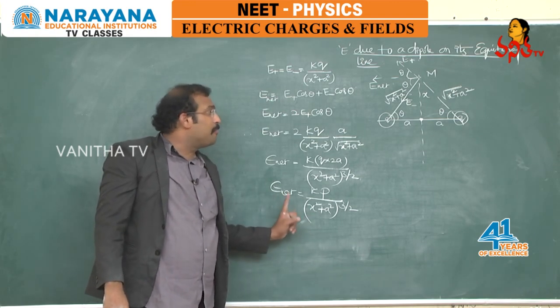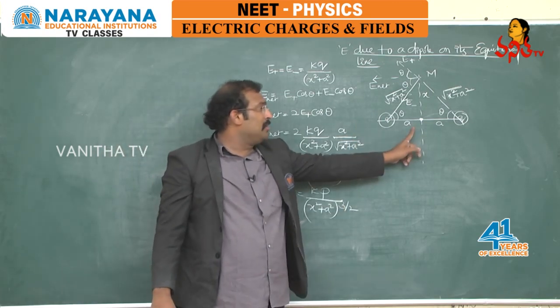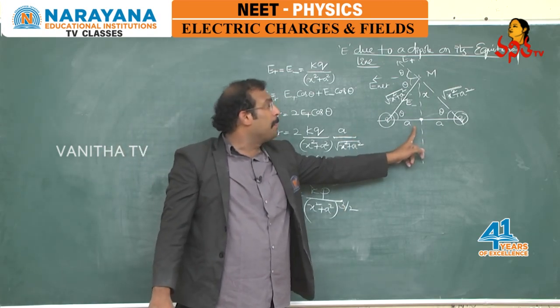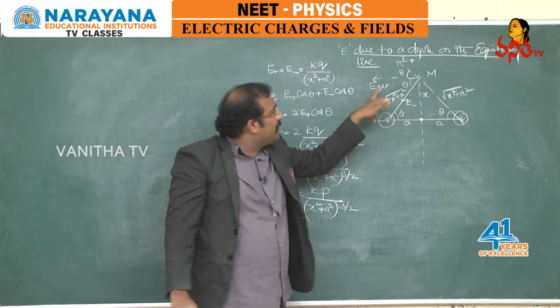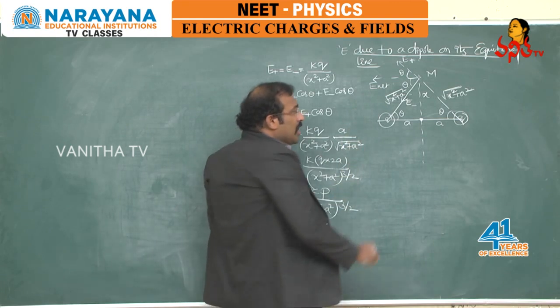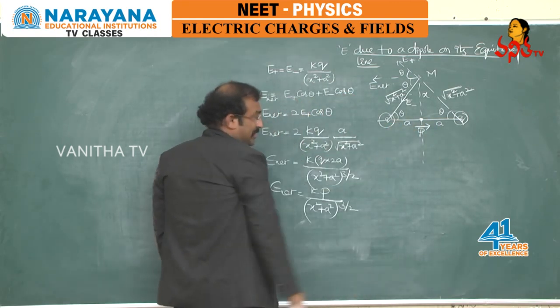This is the net electric field due to a dipole moment p on the equatorial line. And if we observe, the net electric field is opposite to the direction of the dipole moment.